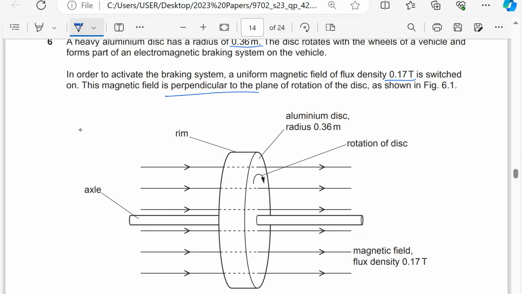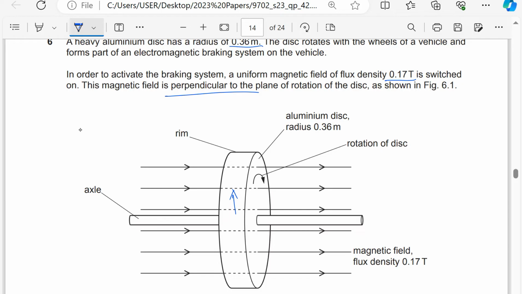Since rotation is clockwise, let's see. By Lenz's law, if I want to know the direction of the induced current, I'll pull out the right hand.